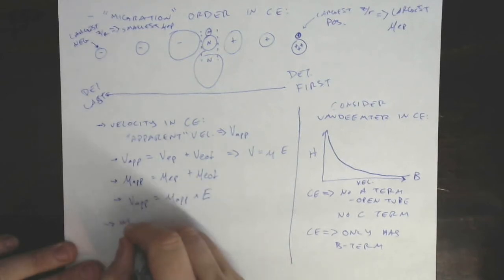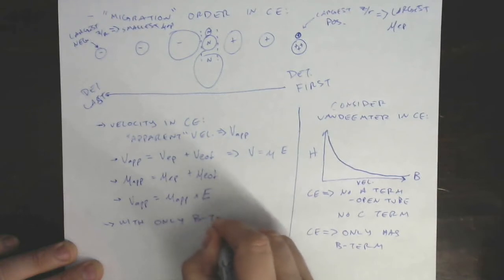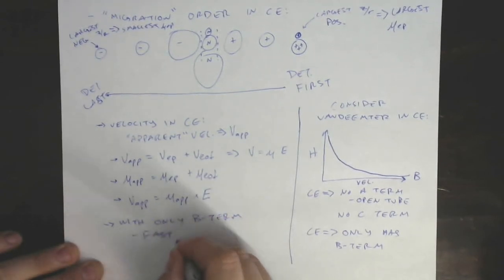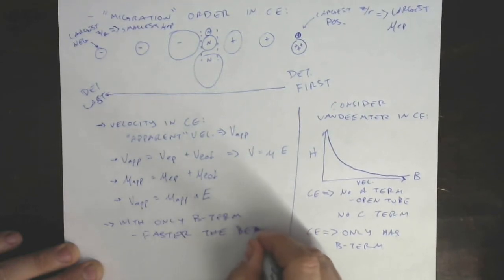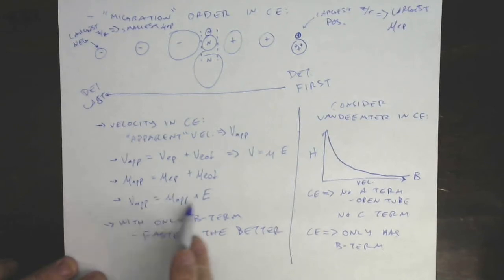So with only a B term, faster the better, my friends. You want to make this thing go as fast as possible. You want to maximize apparent velocity. Obviously, this is physical constants given to you by your analytes, but that's under your control, right? So you maximize the velocity this thing gets through the capillary to maximize your peak efficiency.